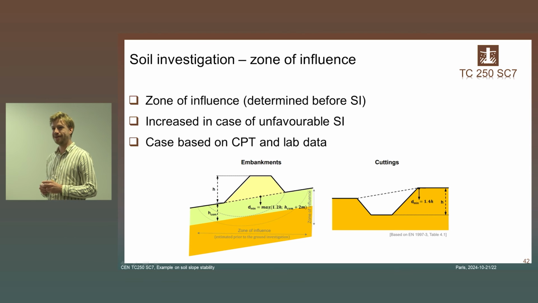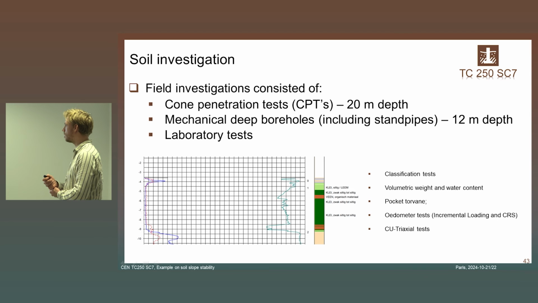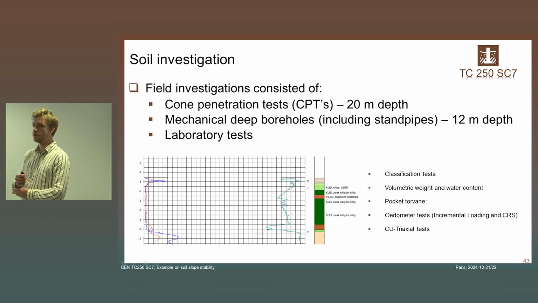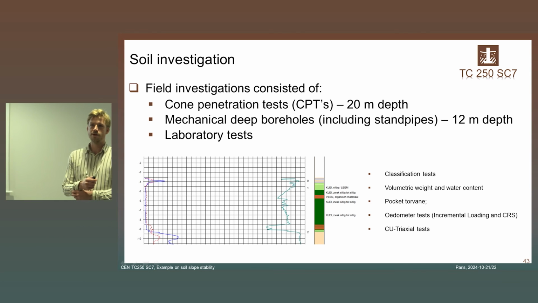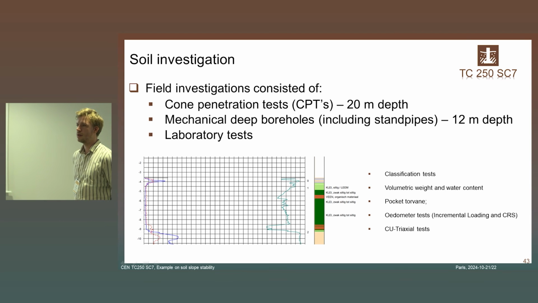So first, after the geotechnical category is determined, we come, of course, to the soil investigation. This was mentioned by Natalia as well. For this project, a lot of CPTs were performed along the infrastructure until around -20 for the stability and settlement assessments, which is considered deep enough, considering the zone of influence, or the most important part, are the soft soils.